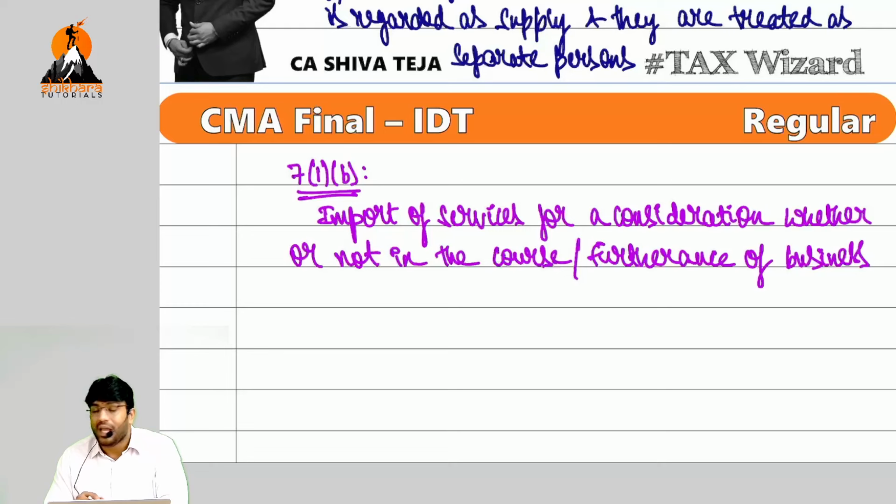Getting clarity? And I hope you know that whenever you are importing a service, generally the person liable to pay GST is the recipient because of RCM, reverse charge mechanism. I can give a classic example. You all know Amazon Prime, Z5, AHA. Netflix, I'm sure you know, compared to any other subscription, is costly.